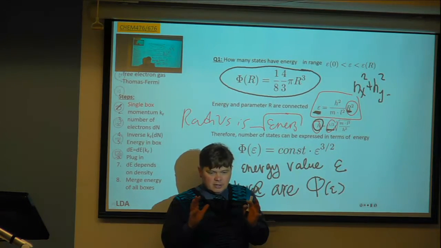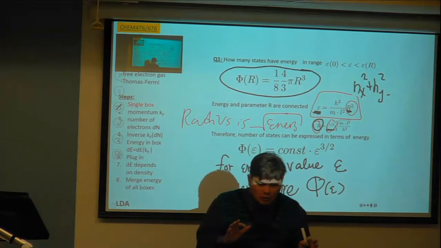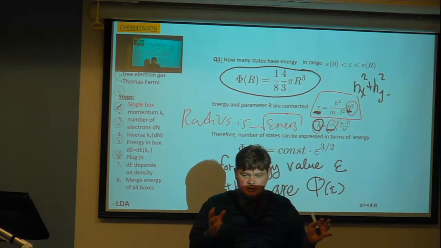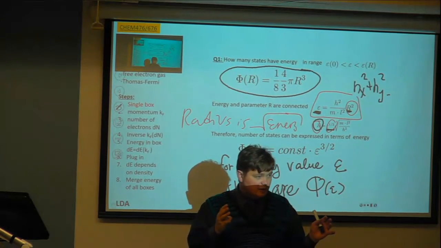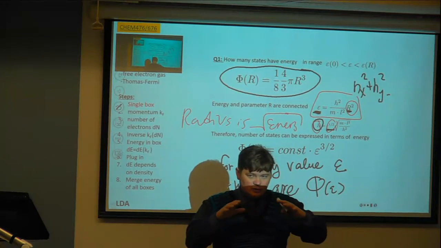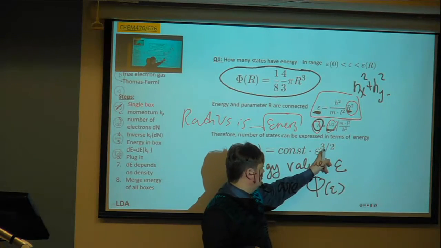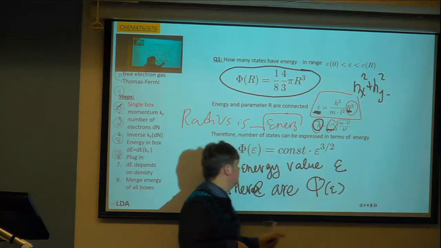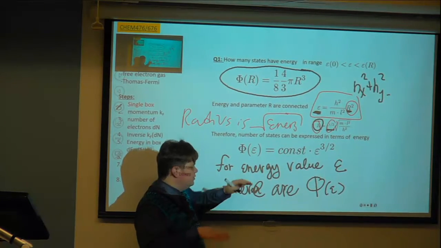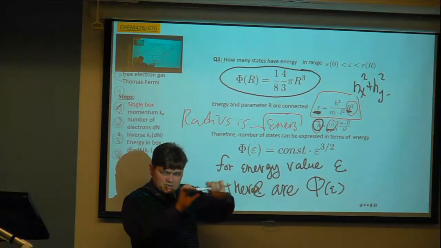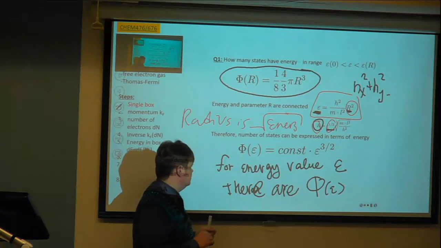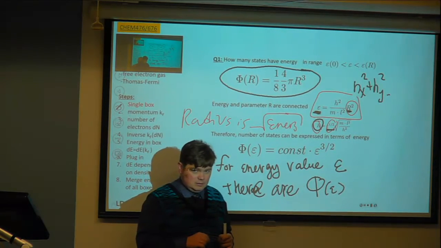So it is just a consequence of our universe having 3 spatial dimensions. So if you have threshold energy in power 3/2, it will be the amount of states with such energy. Okay?